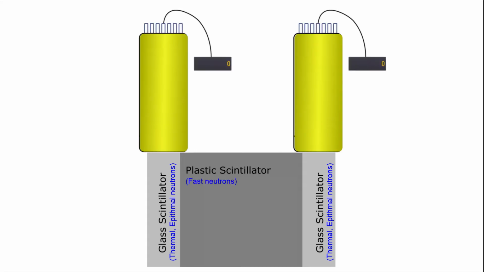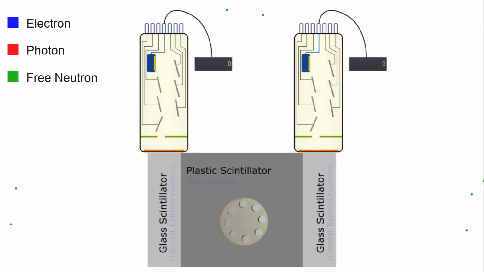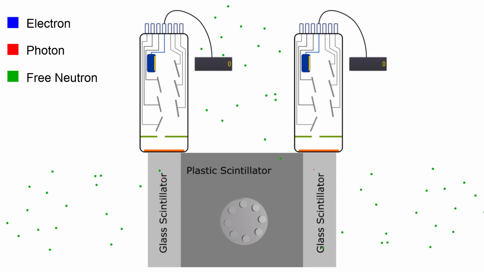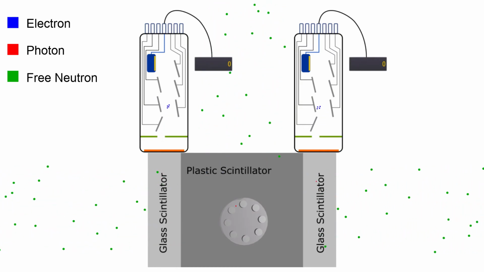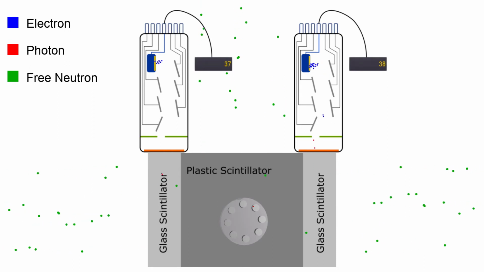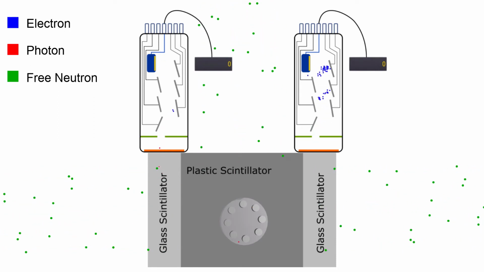The 3rd detector has a plastic scintillator which is more sensitive to fast neutrons. The 2 glass detectors face in opposite directions from each other. The plastic detector is at a 90-degree angle relative to the glass pair. Since these detectors are directional, they can only detect neutrons coming from the direction they're facing.